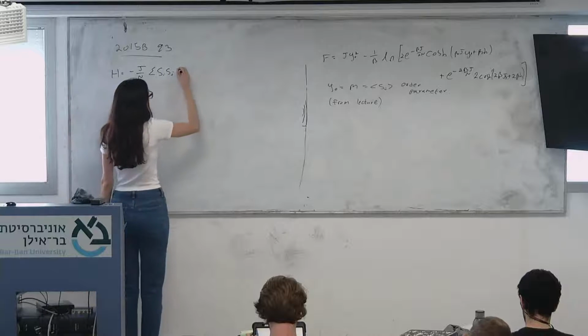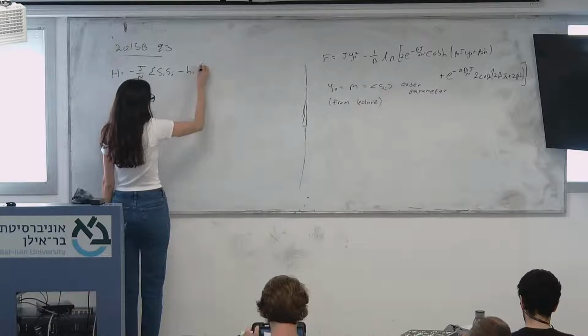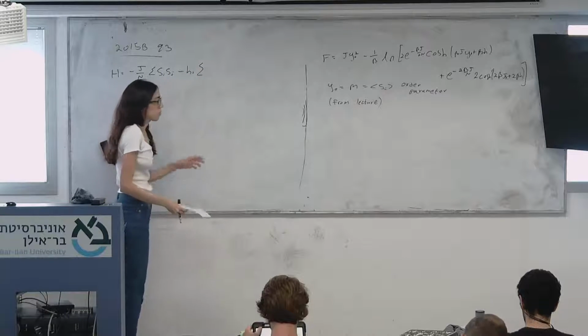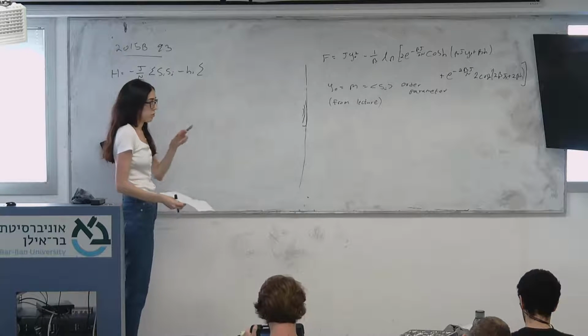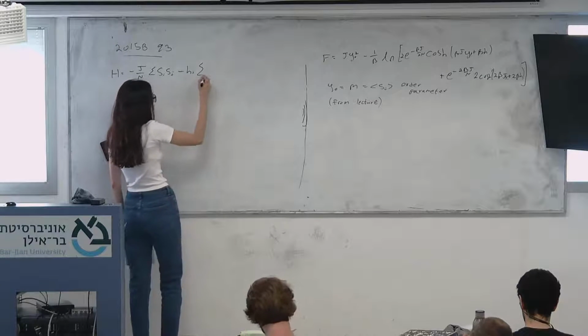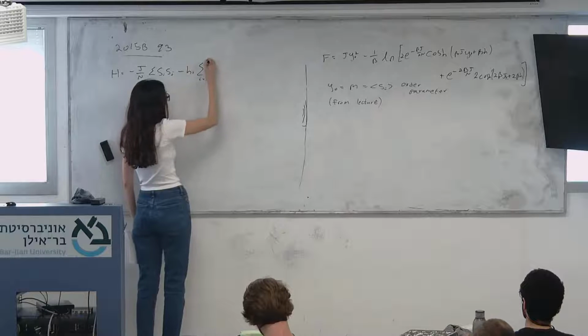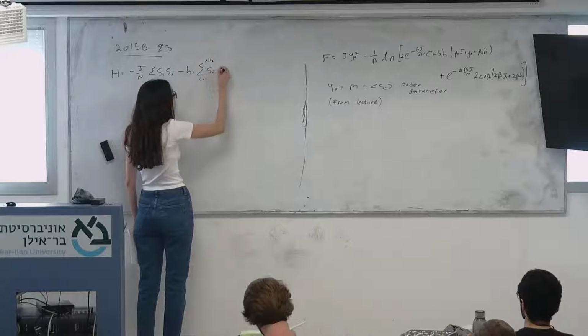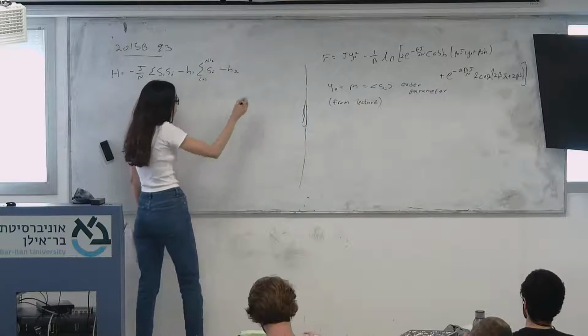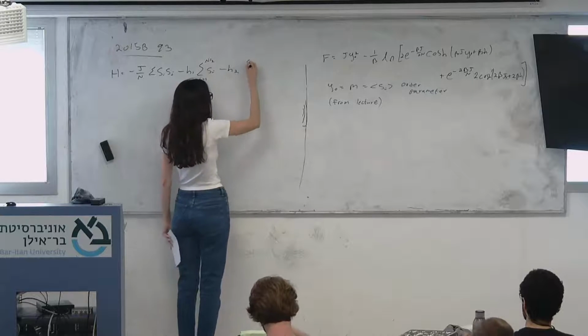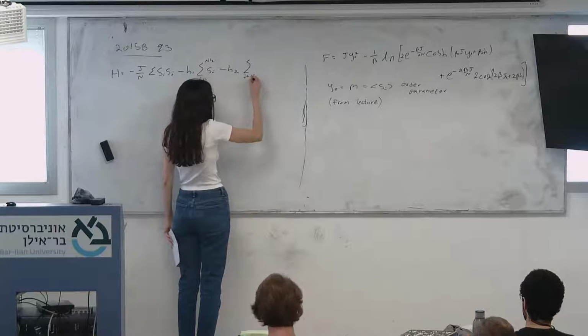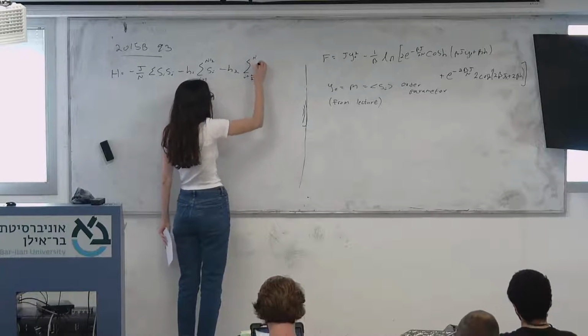Minus J, minus H1, and now we're going to have two different terms for the field. One for the spins that go from 1 to n/2, and another one with a different field for I going from n/2 plus 1 up to n.